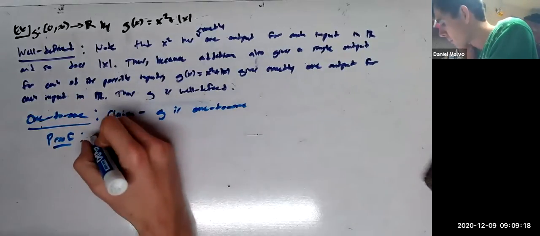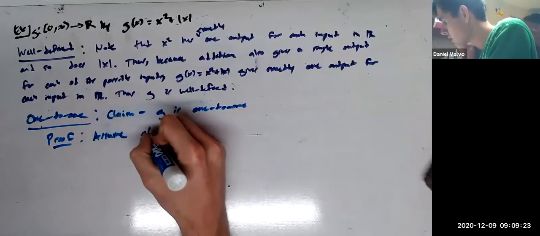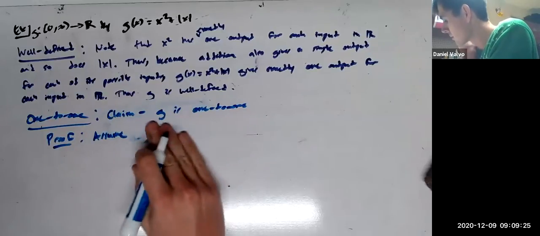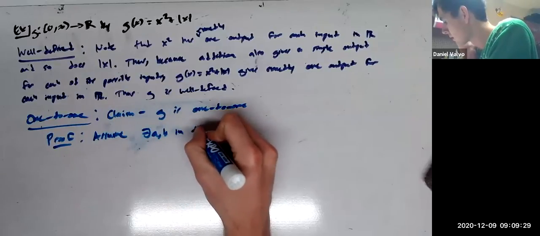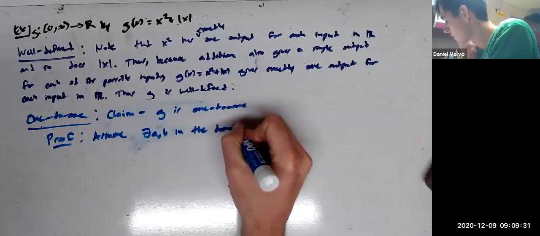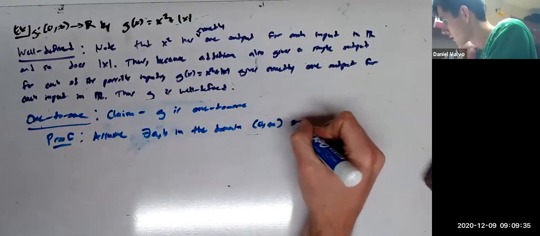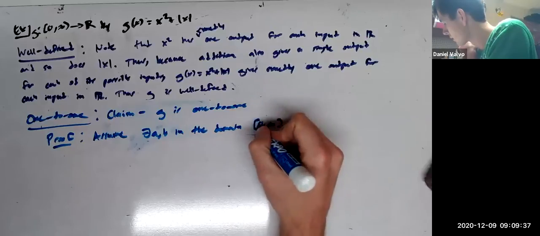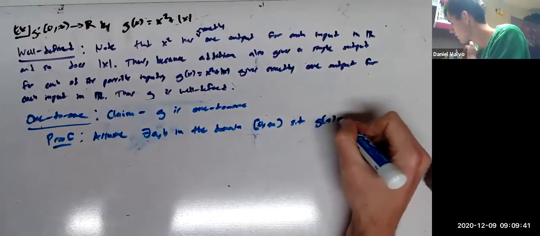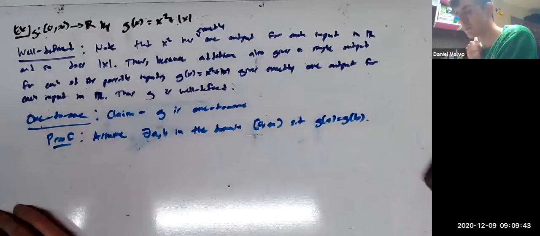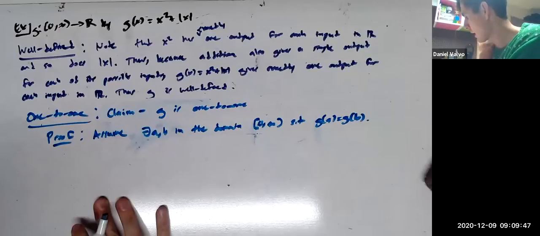So, proof. Assume there exists A and B in the domain 0 to infinity, including 0, such that G of A equals G of B. All right, then what happens here?